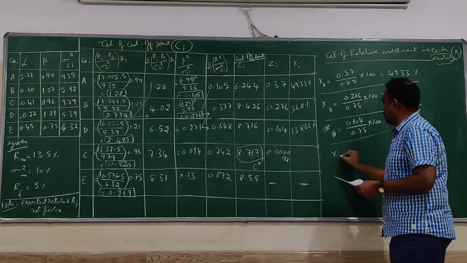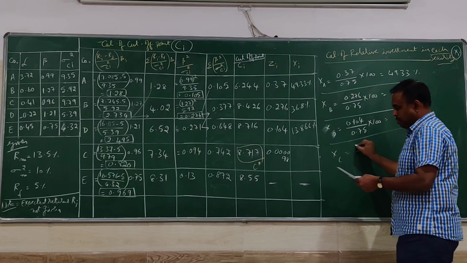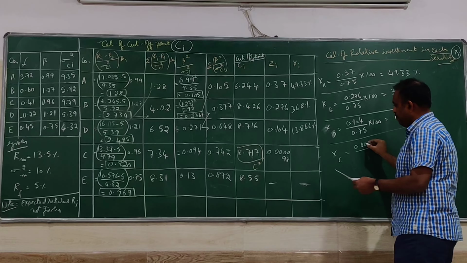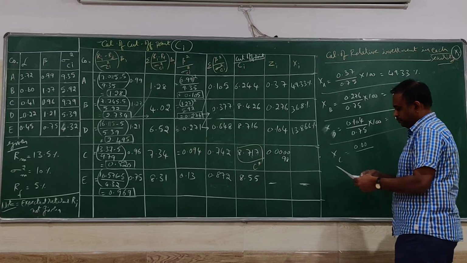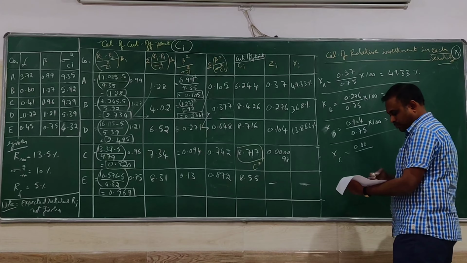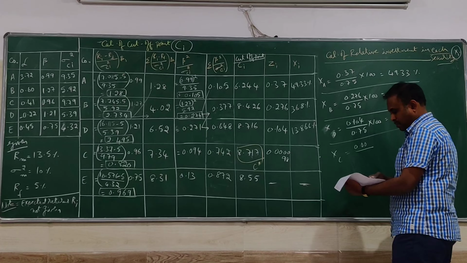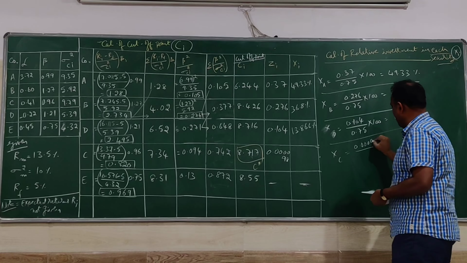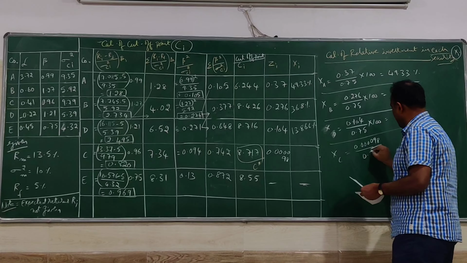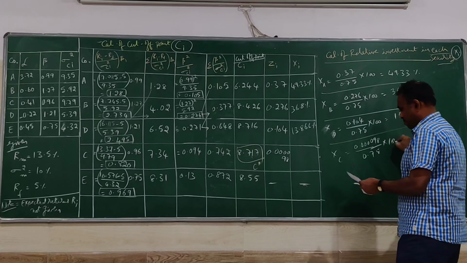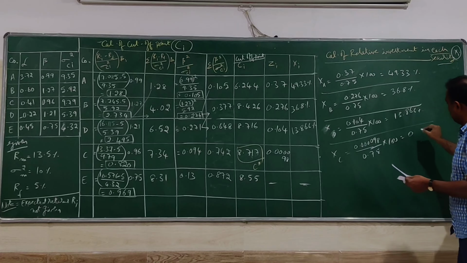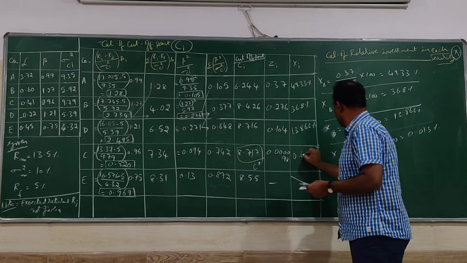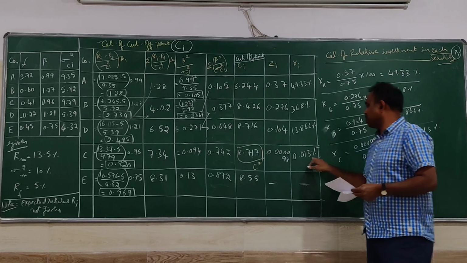And the last one is very minimal, because you have it in a lot of decimals, 0.013.